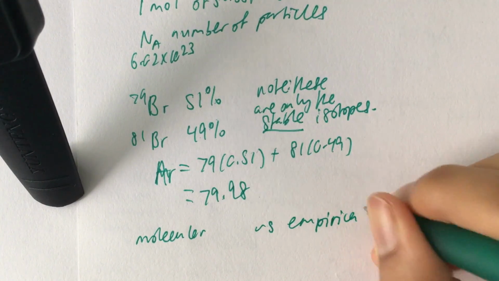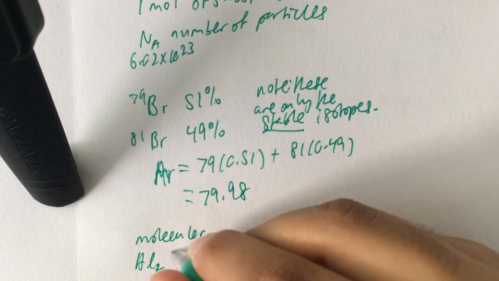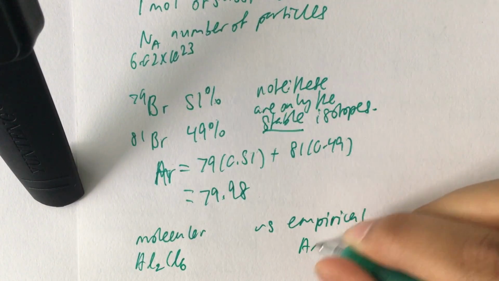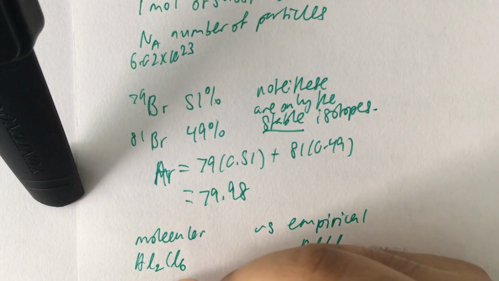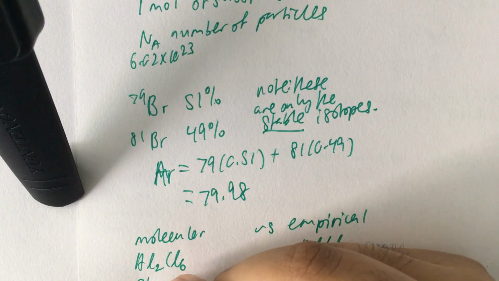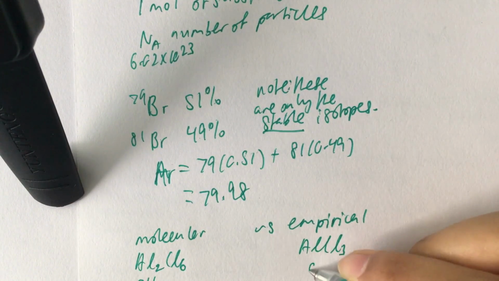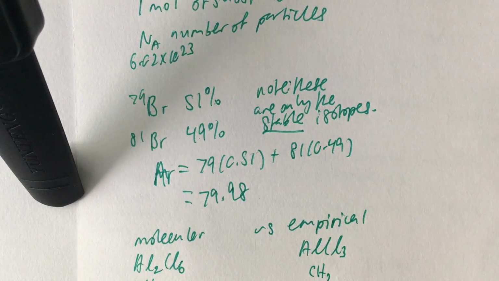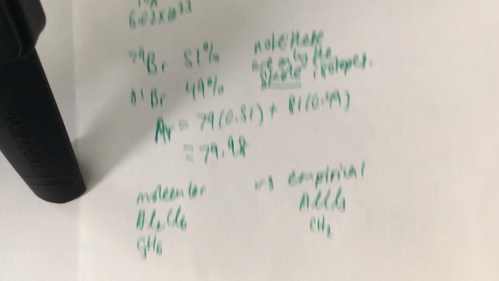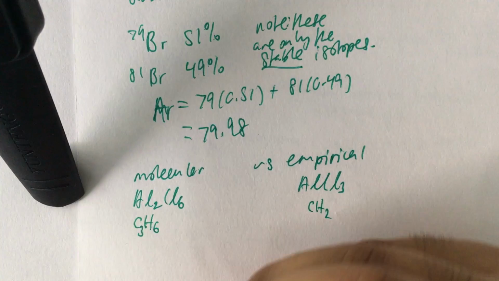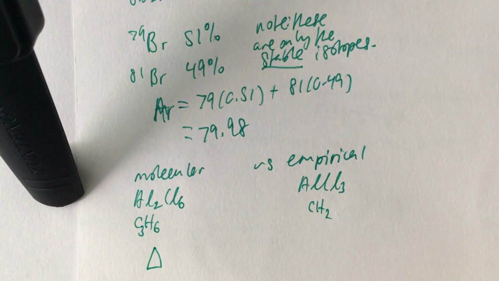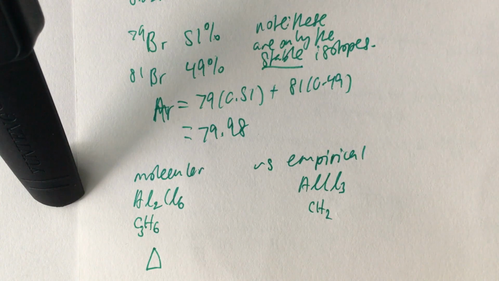That's the difference between empirical and molecular formula. I think this will be more applicable to something like an organic compound. Maybe it's C3H6, and you could reduce that to CH2, which is the empirical formula. You might be wondering whether C3H6 is an actual thing. I guess it could be. Makes sense.